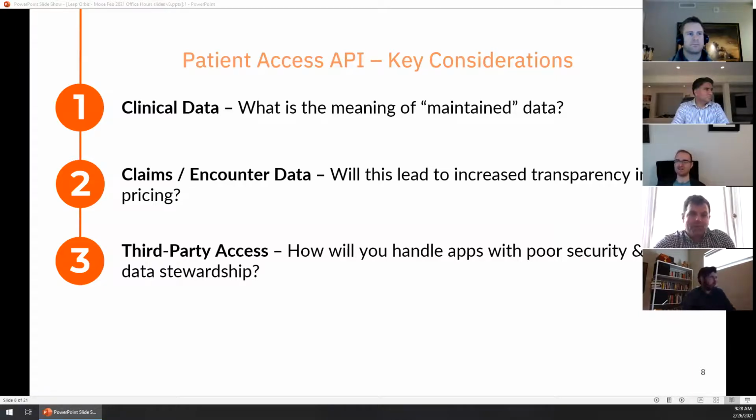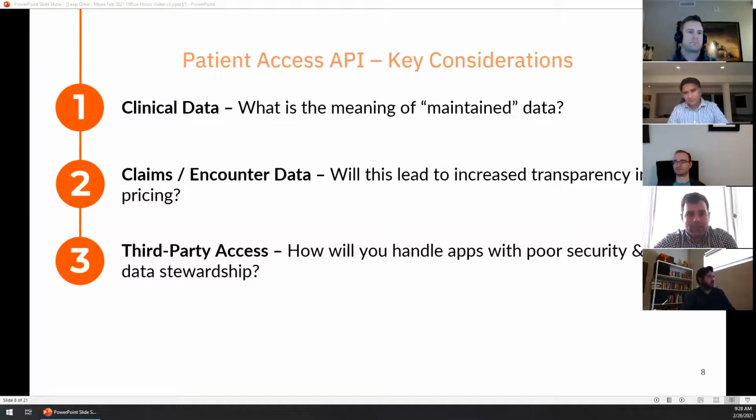Yeah, Julian, this to me is one of the great double-edged swords of this rule. On the one hand, the ability to let patients control the exchange of their data and potentially move it to any place that they choose is incredibly powerful. On the other hand, as soon as this happens, the data has been freed from HIPAA, right, and all the protections that come with HIPAA.